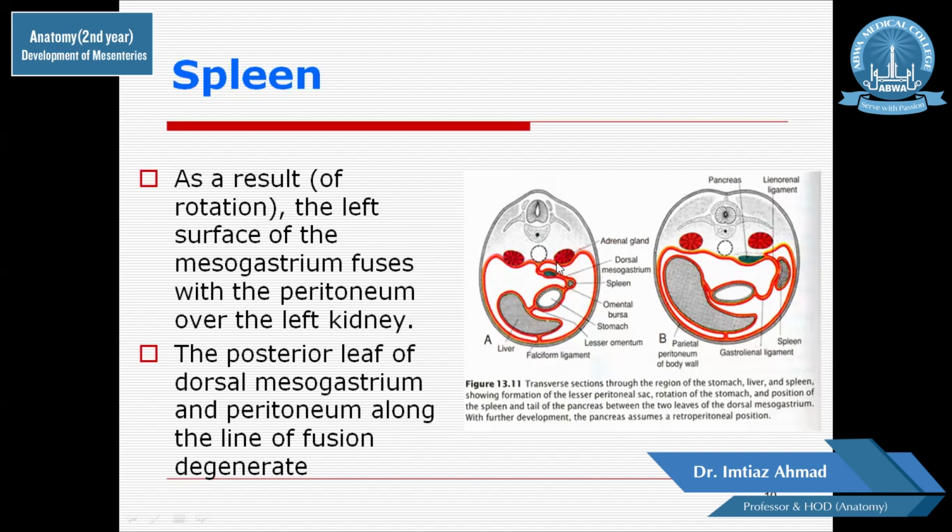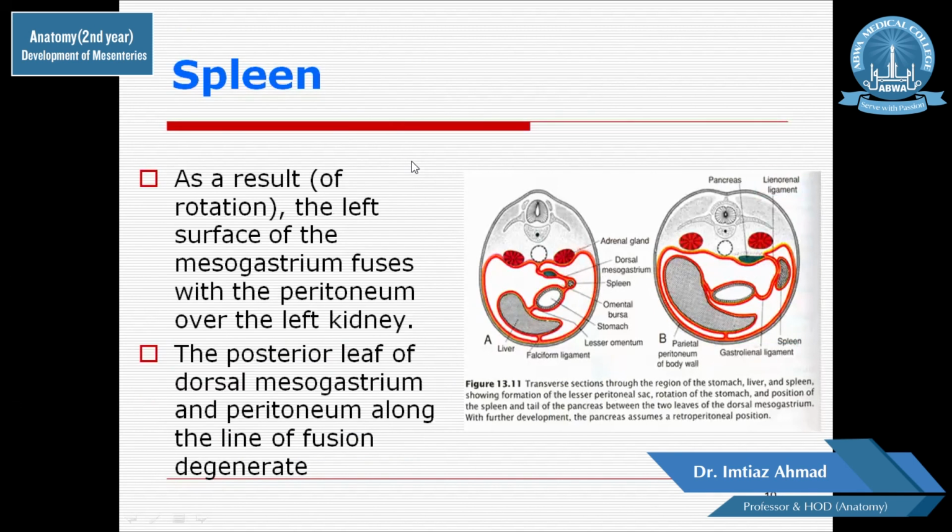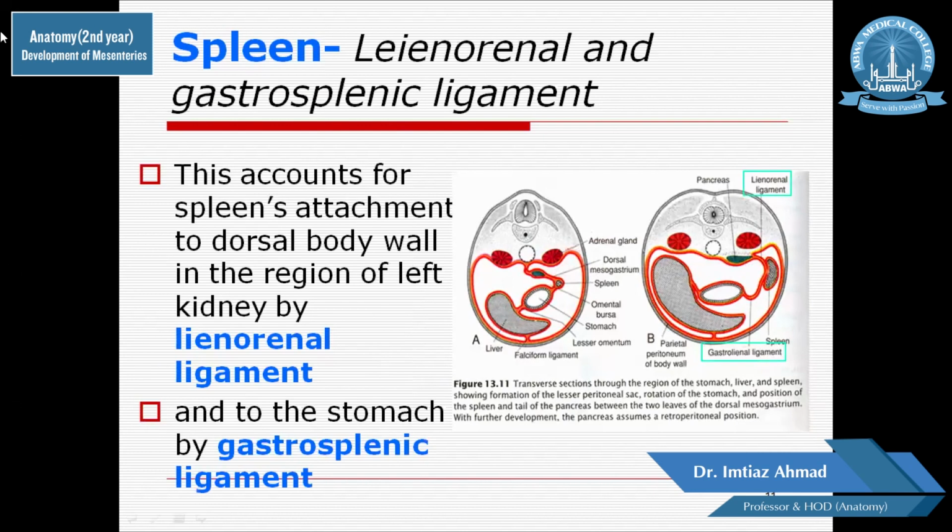It is coming over here, the left leaf, it degenerates. This is the reason for the spleen's attachment to the dorsal body wall in the region of the kidney by a ligament known as the lienorenal ligament.